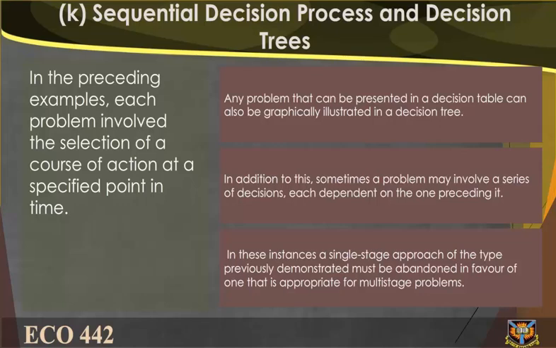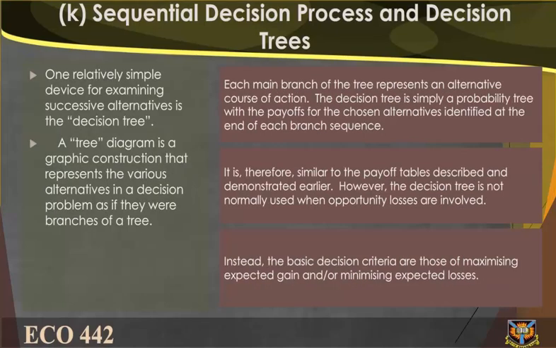In these instances, a single-stage approach of the type previously demonstrated must be abandoned in favor of one that is appropriate for multi-stage problems. One relatively simple device for examining successive alternatives is the decision tree. A tree diagram is a graphic construction that represents the various alternatives in a decision problem as if they were branches of a tree.